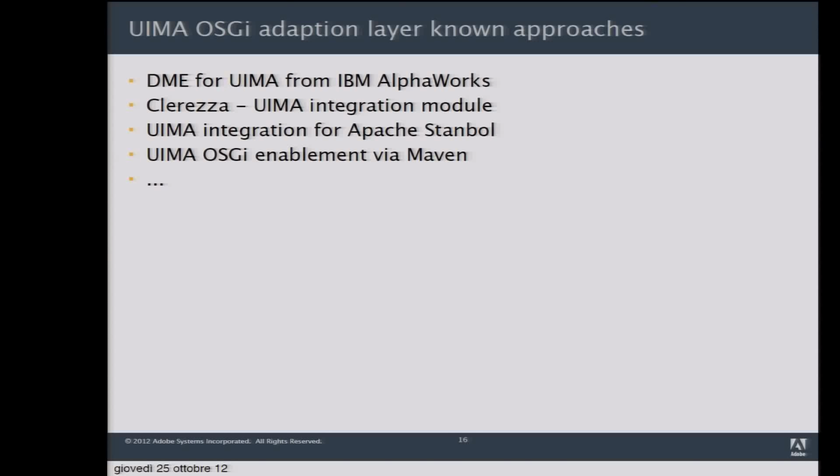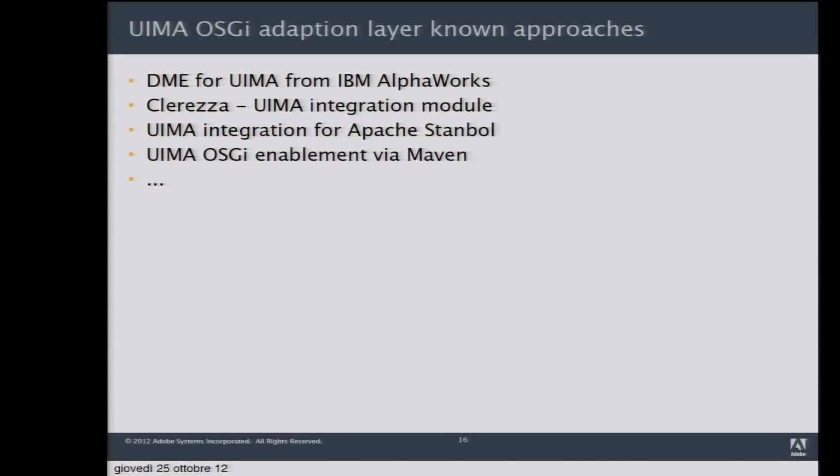Talking about the adaption layers, these are the known approaches. There is this tool, Dynamic Model Enablement for UIMA from IBM alphaWorks, because UIMA is a former IBM project which was donated to the ASF back in 2006. So they have something on alphaWorks, but it's not open source.